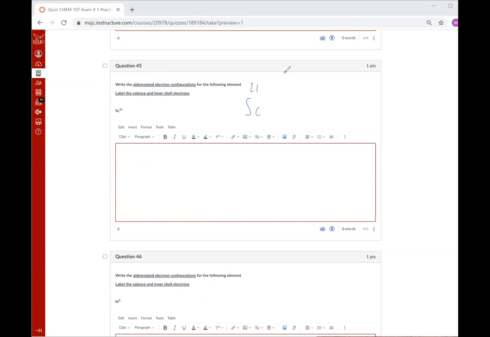Now, since we have a +3 charge, our number of electrons is equal to our number of protons, which is 21, minus our charge, which is +3, and that gives us 18 electrons. So then we first write out our longhand configuration.